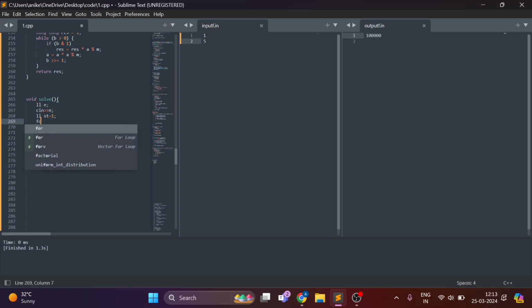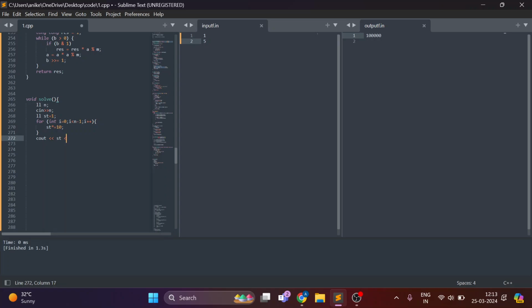First I calculated the starting element, which is the first 5 digit number, which is 10 raised to power 4. This is the starting element. Similarly, I have to find the last element.